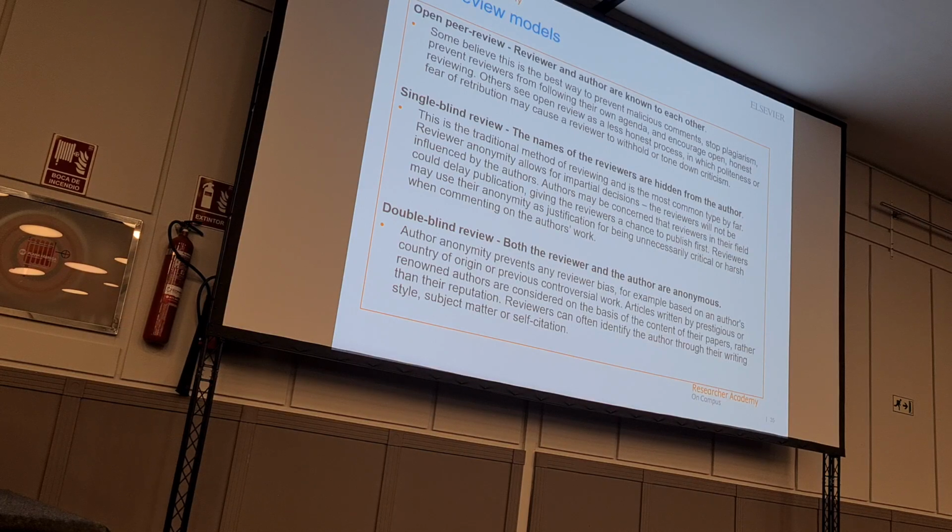For peer-reviewed models, there are basically three different kinds of peer-review processes. One is open, so the author and reviewer are known to each other. This has a good part, but also a bad part.